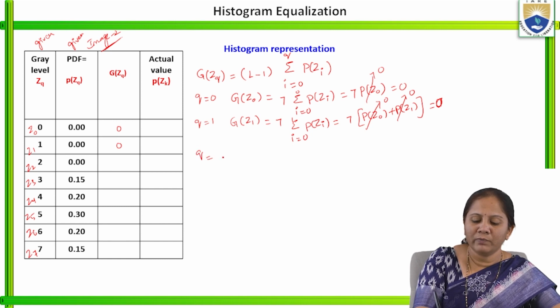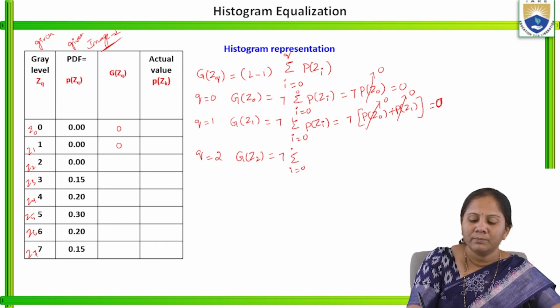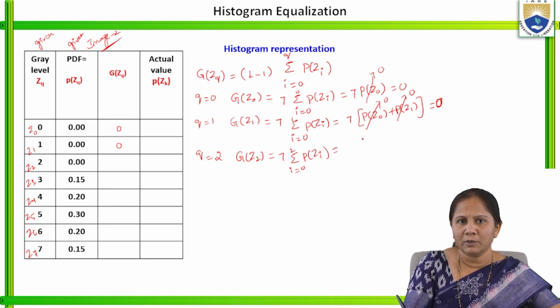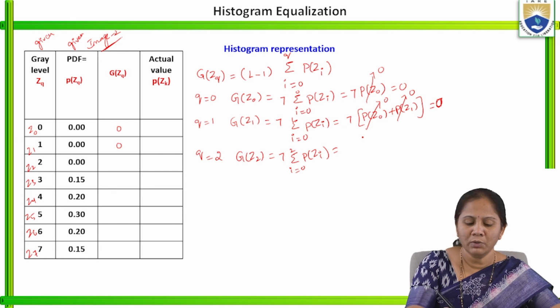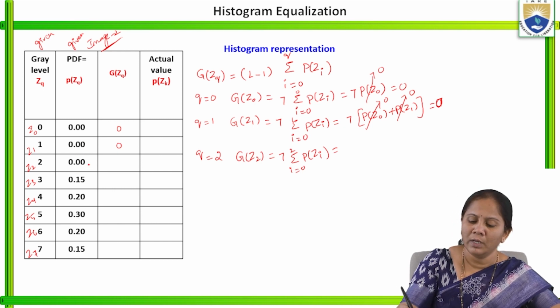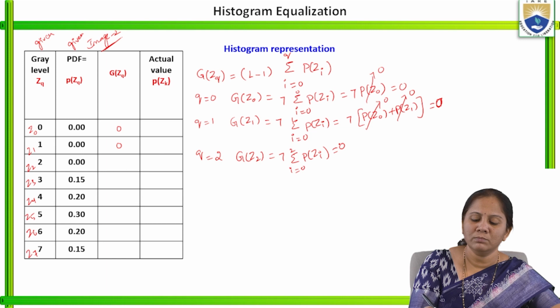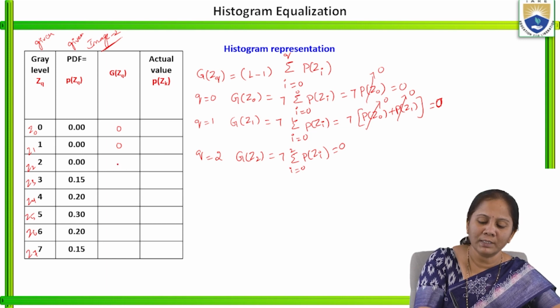Similarly, we have to find for Q equal to 2. G of Z2 is equal to 7 times sigma i equals 0 to 2 of P of Zi, so P of Z0 plus P of Z1 plus P of Z2. As all these values are 0, again for Q equal to 2 we get G of Z2 as 0.